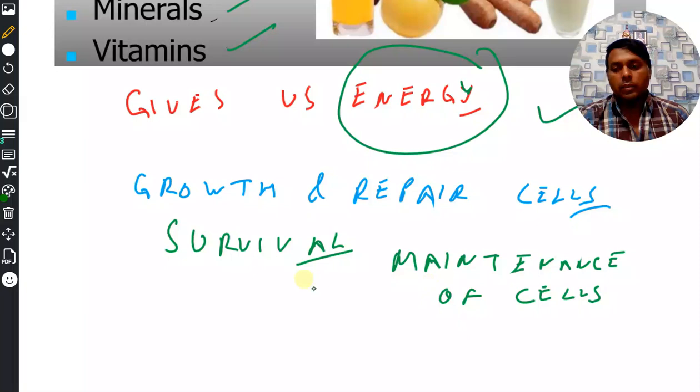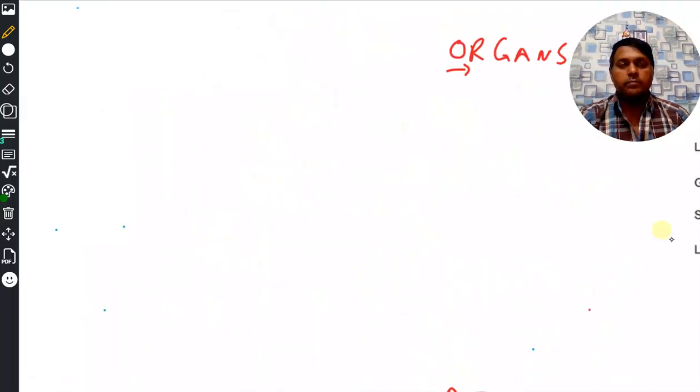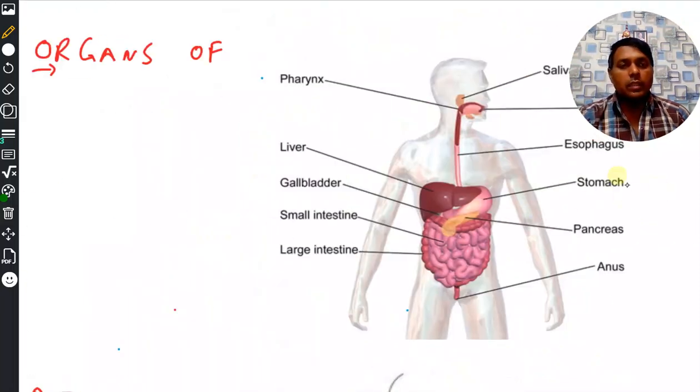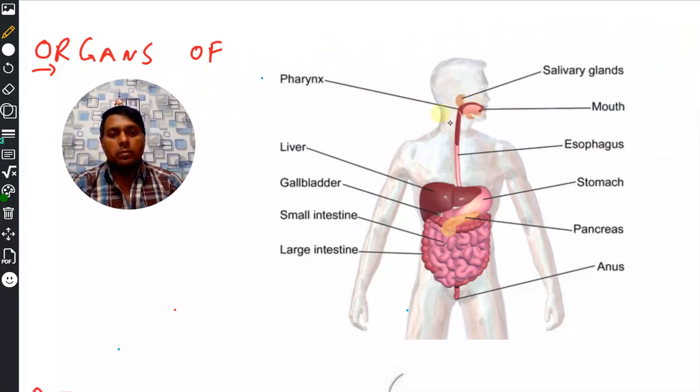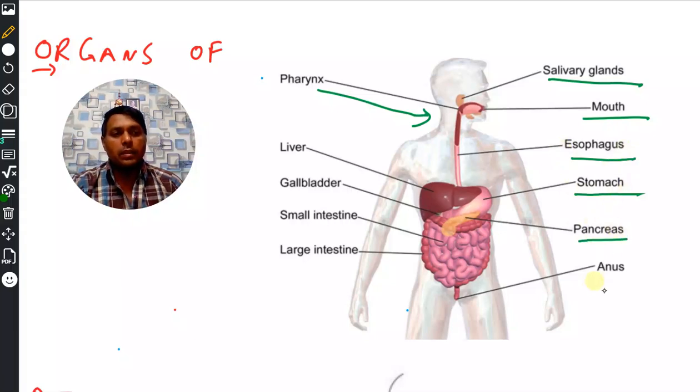Now the next part on the new whiteboard. You can see there is a digestive system image. We have the pharynx, salivary glands, mouth, esophagus, stomach, pancreas, anus, large intestine, small intestine, gallbladder, liver. So let me start with the organs of the digestive system.